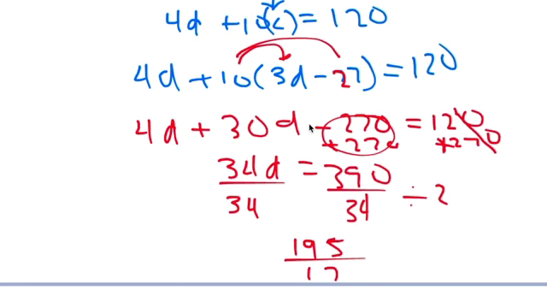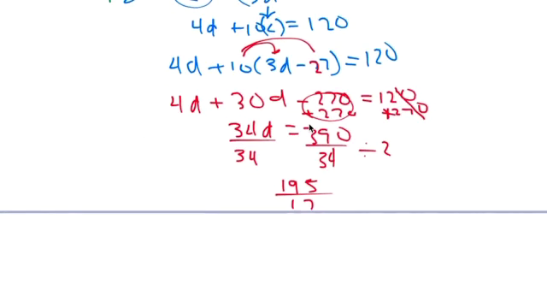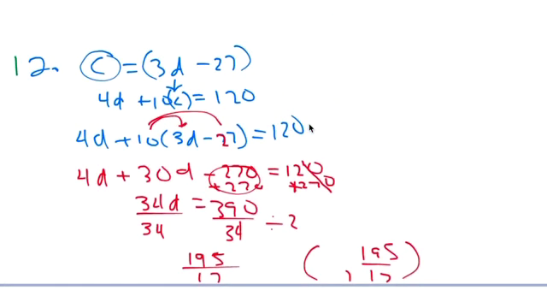Yep, that's what I have as an answer. That's D. D is the second one because the letter here is CD. So 195 over 17. And then you substitute in for a regular D.